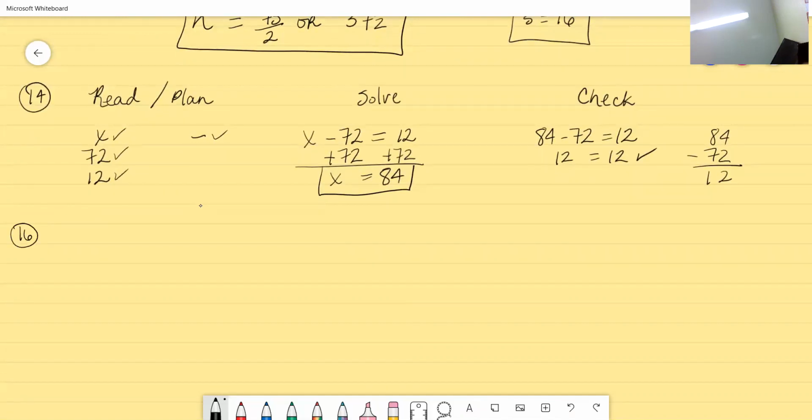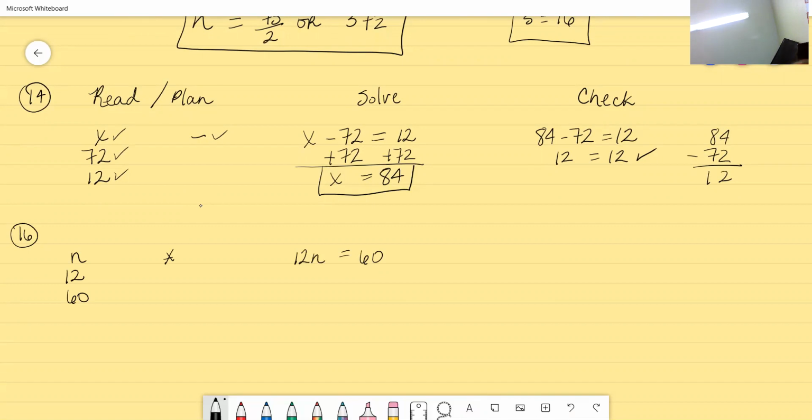Okay, number 16. A number multiplied by 12 is 60. So we have number, we have multiplied by, we have 12, and we have 60. And see how it says a number multiplied by 12 is 60. That means it equals 60. So to solve, we would have 12 times a number equals 60.